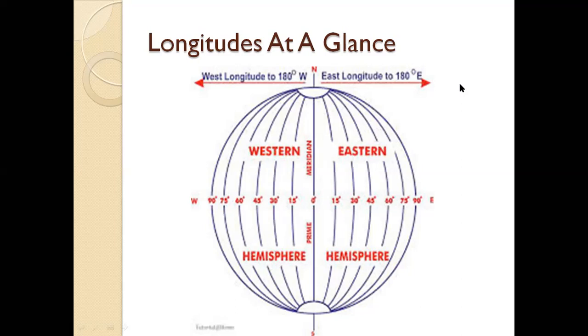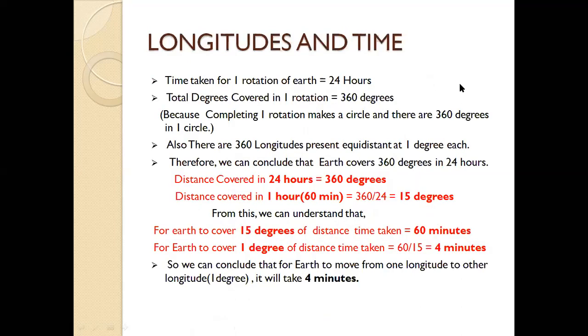Next is longitudes and time. So we know that the time taken for one rotation of Earth is 24 hours. ठीक है, अर्थ रोटेट करने में पूरा रोटेशन में अर्थ लेती है 1 day, that is 24 hours. Total degrees covered in one rotation is 360 degrees.